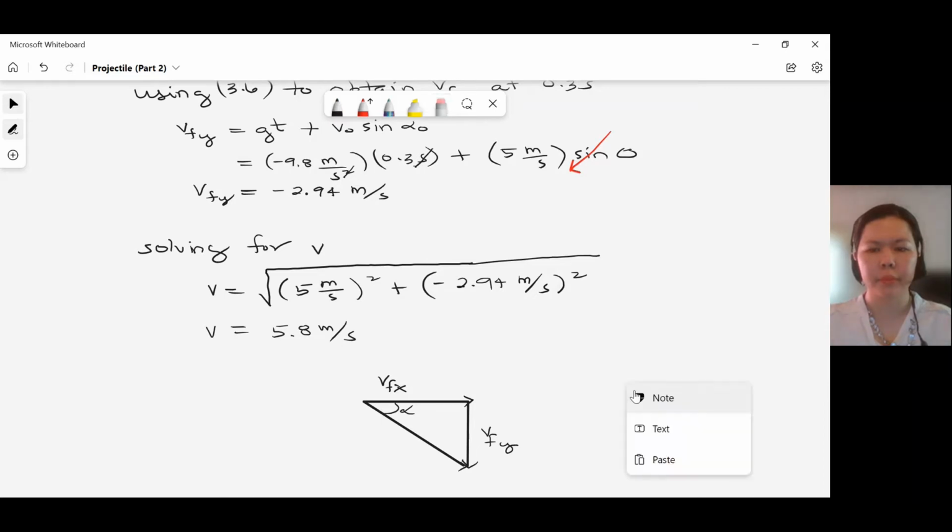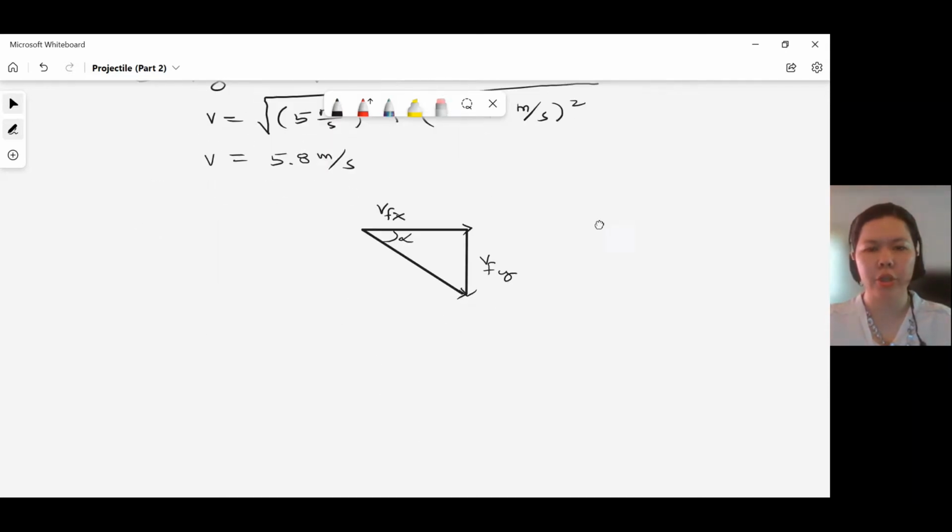Okay, so tangent alpha is opposite over adjacent, which is VF sub y over VF sub x.